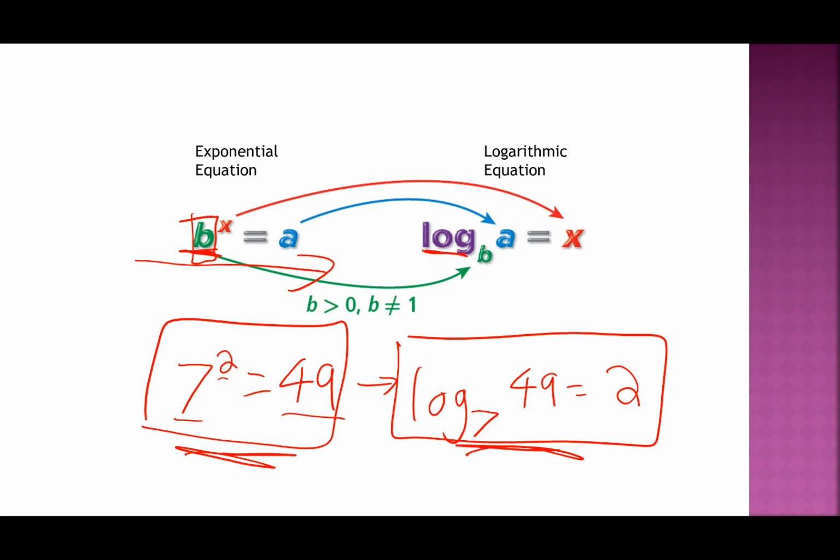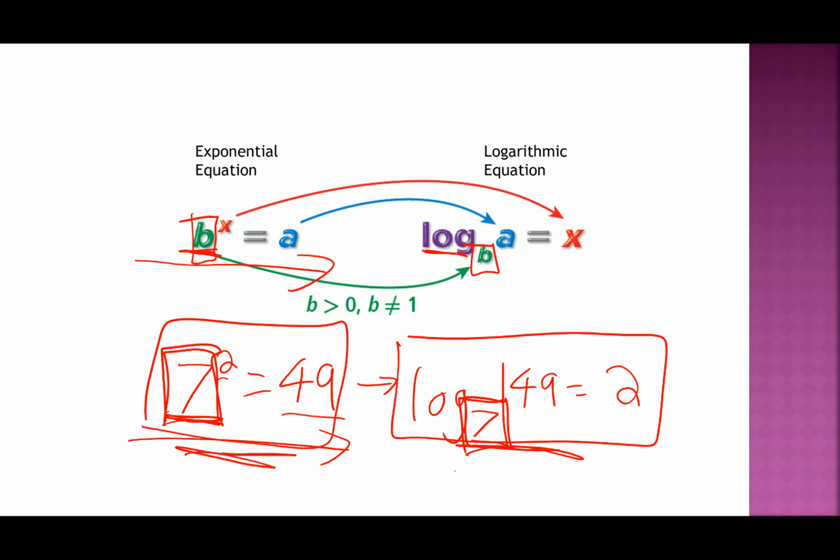And when I write my logarithm, guess what? B is the first thing I'm going to see as well. So I always remember that whatever I see first here, like 7, if I'm reading this left to right, that 7 is going to be the first thing I write in my logarithm, and that'll be my base. So in terms of positioning, I always remember that the b is the first thing positioned. Whatever number is here will be positioned first in my logarithm as well.